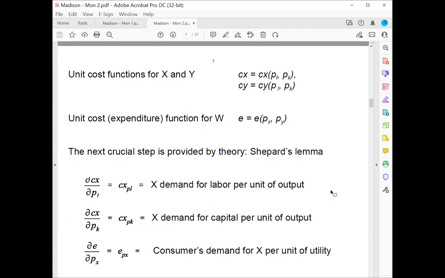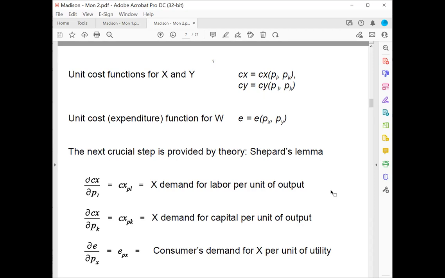Okay, so the way that I go about this basic general equilibrium model is to convert those technologies for producing X and Y, and the technology for producing welfare, the utility function, into cost functions, which embody the optimization at the level of that sector. So from the production function for X, you can solve for the cost function, which says the minimum cost of producing 1 unit of X is a function of the prices of labor and capital.